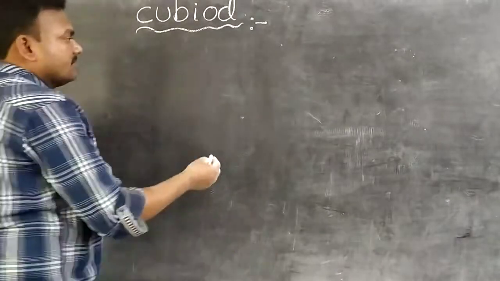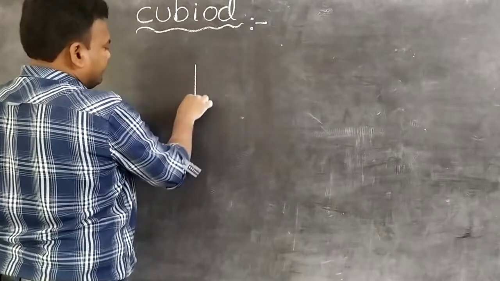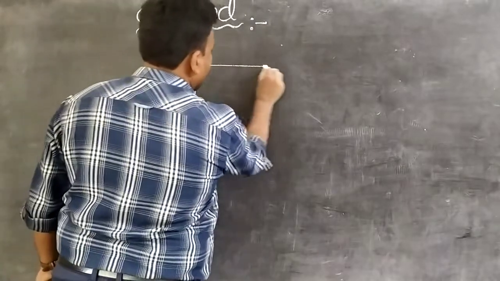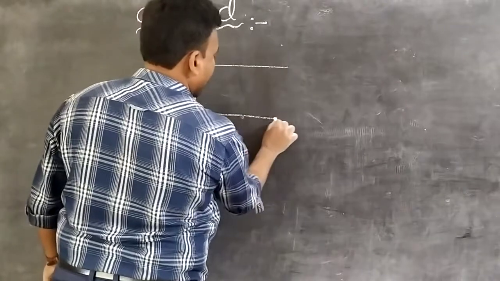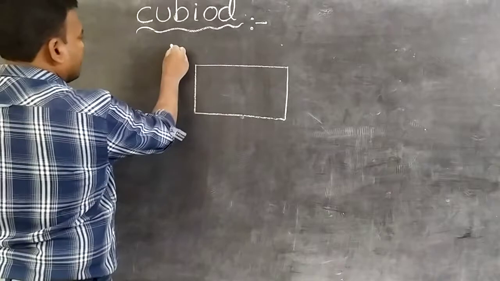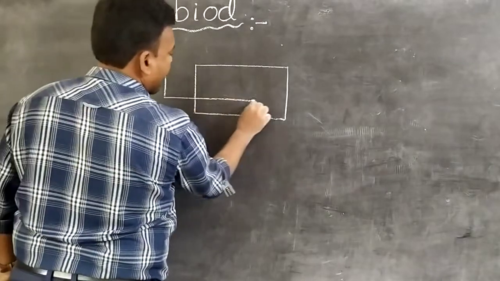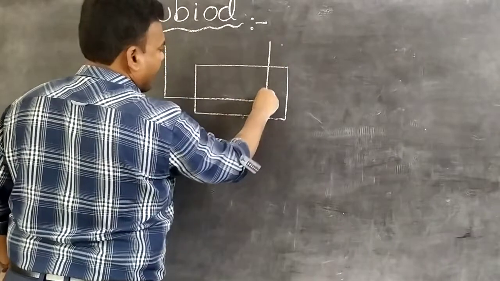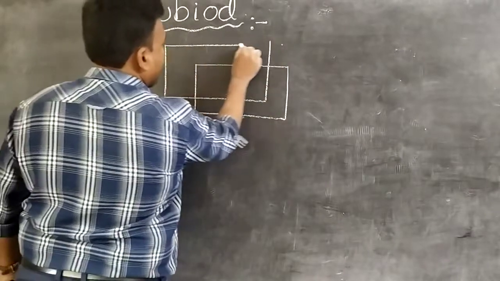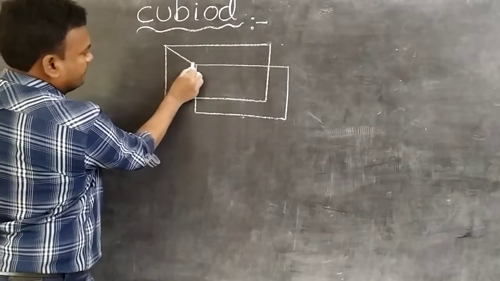I draw a diagram. Observe carefully, all of you students. Draw a rectangle, and also another rectangle. Like these, students. Join them.